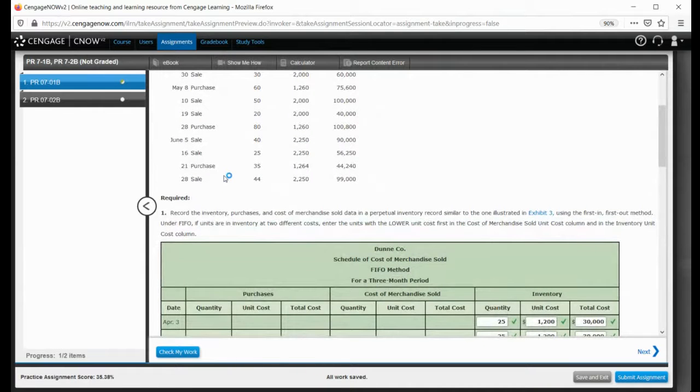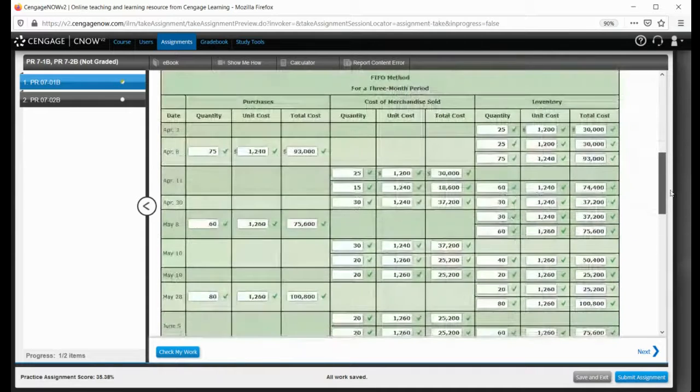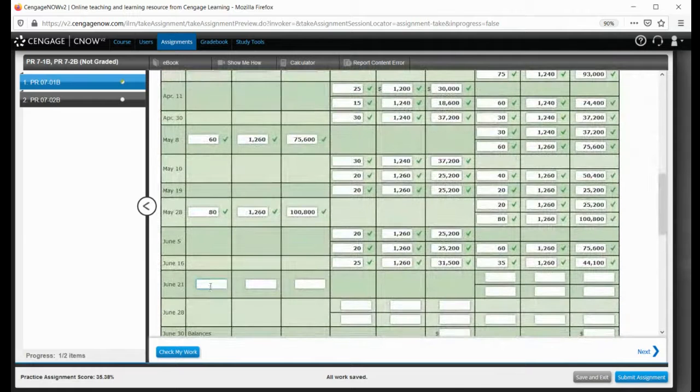Then we're going to move on to June the 21st. We have a purchase. We bought 35 units at $1,264. Notice the price went up from $1,260 to $1,264. The total purchase price is $44,240. We bought 35 units. So that's got to go in the purchases column. The cost of those units were $1,264.